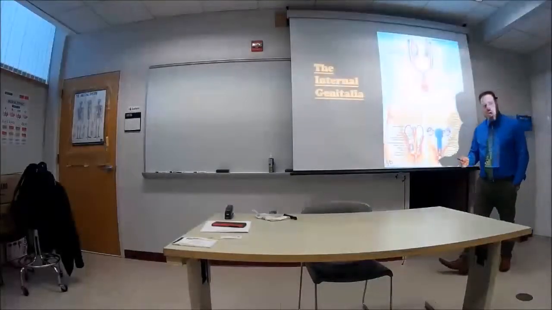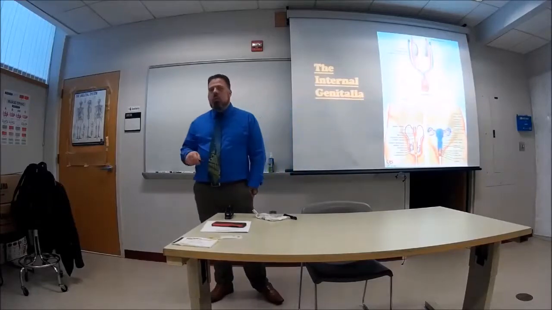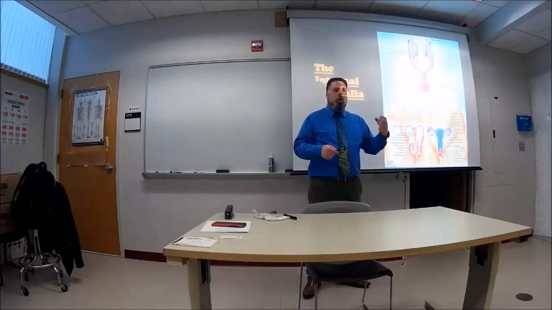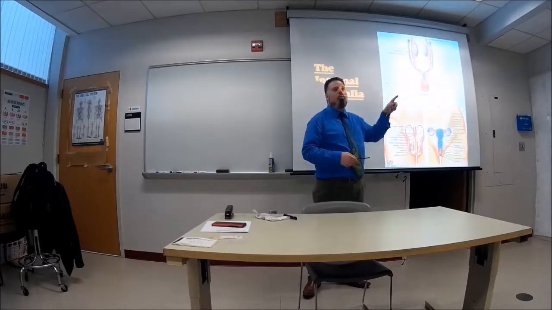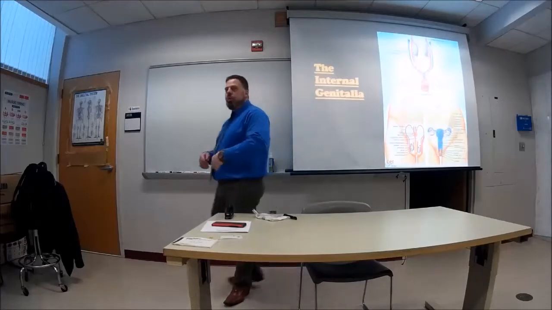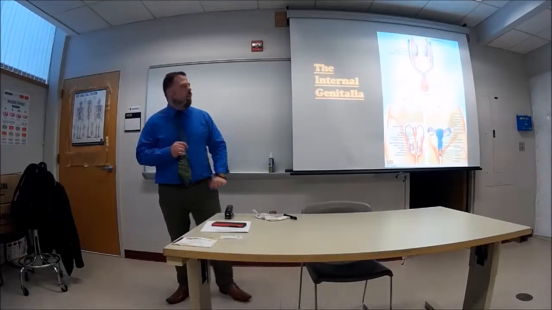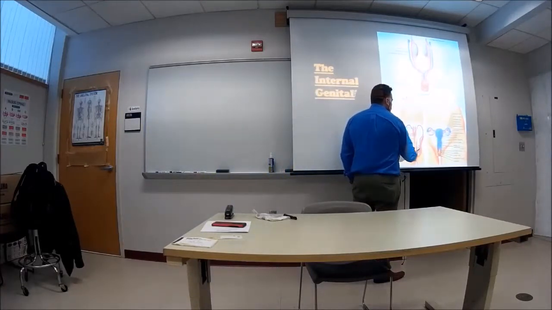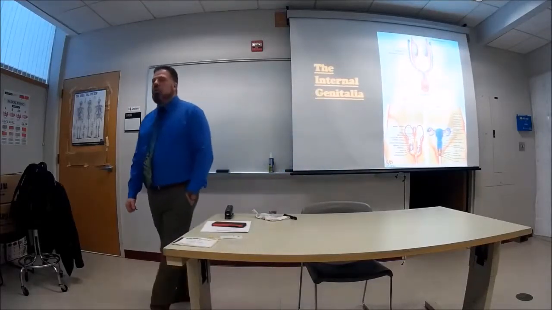If you're XY, that means you also have anti-müllerian hormone, and that's going to destroy or inhibit the müllerian tubes, so the blue won't form, but it allows the Wolffian ducts to continue to grow, because it pushed off the müllerian ducts. So now you're going to get male internal organs forming, because the Wolffian ducts are allowed to grow.